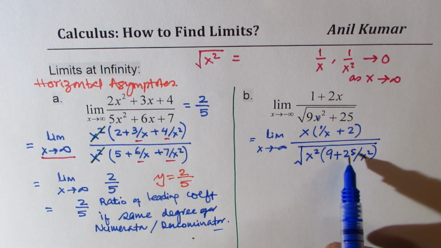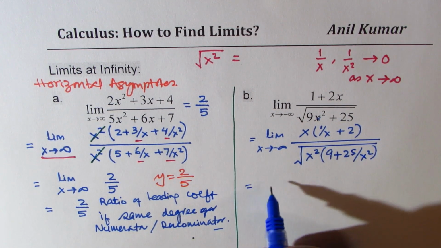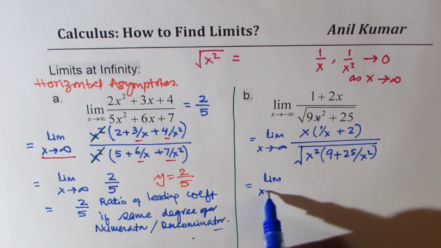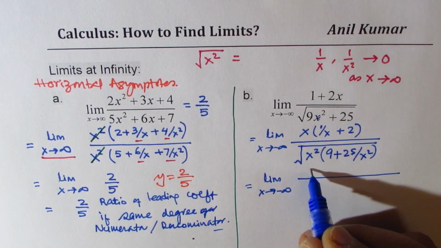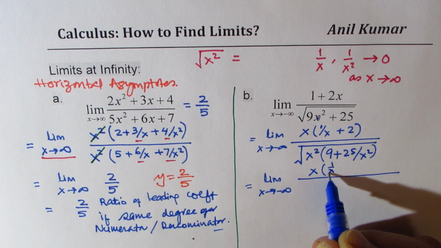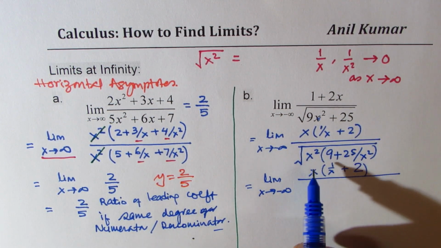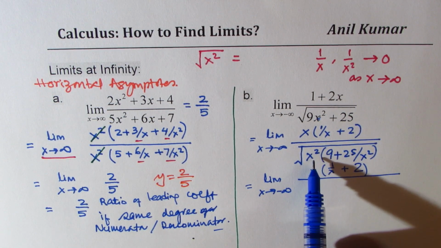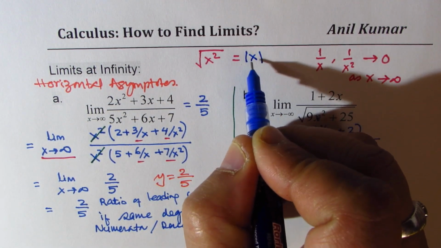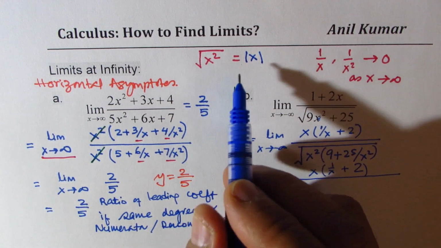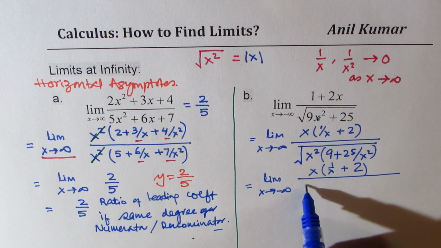Now, 25 over x squared is very small. Okay, so we could write this as limit x approaches minus infinity. Numerator is x, 1 over x plus 2, right? And the denominator, what is square root of x squared? The square root of x squared is absolute value of x. It is not just x. So if you write x, you'll get a wrong answer here since we are approaching negative infinity.